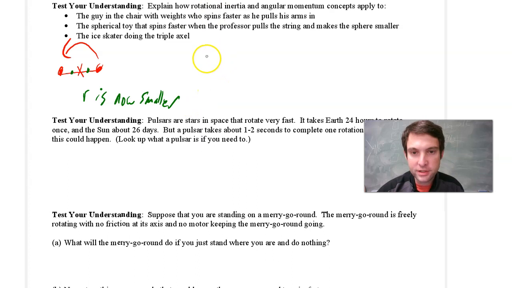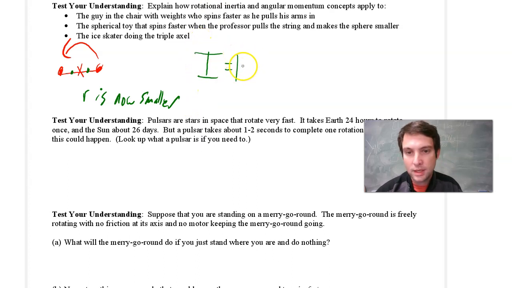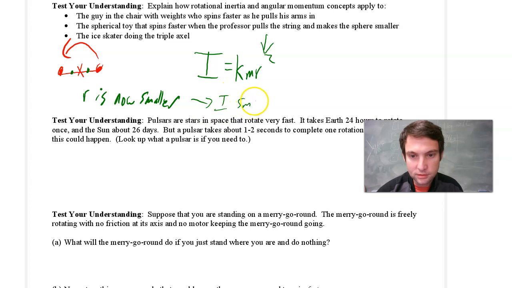And if R is smaller, I equals Σmr². So if R is smaller, that square means it has a big impact. If R is smaller, I is smaller.